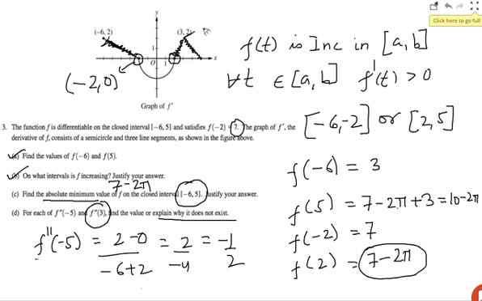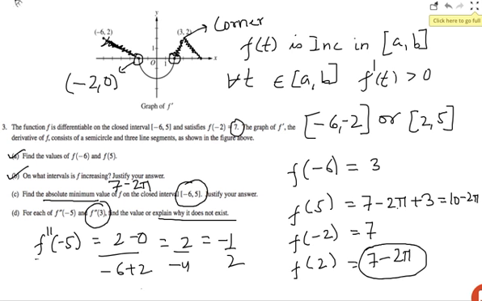Now, because there is a formation of a corner at this point, the derivative at 3 does not exist, because we know from the basic differentiability criteria that a function is not differentiable if there's a formation of a corner or a cusp or a sharp turn at that point. So f double dash 3 does not exist.